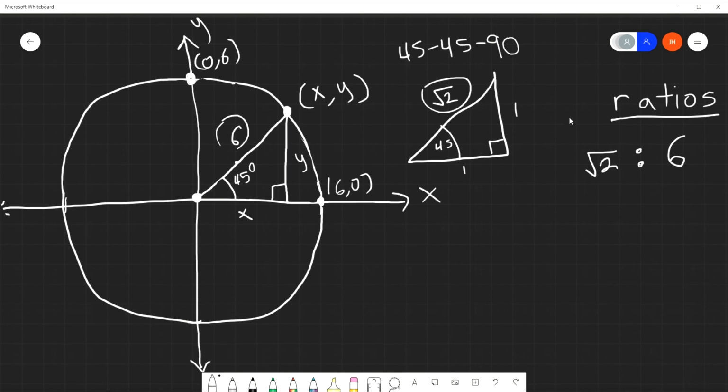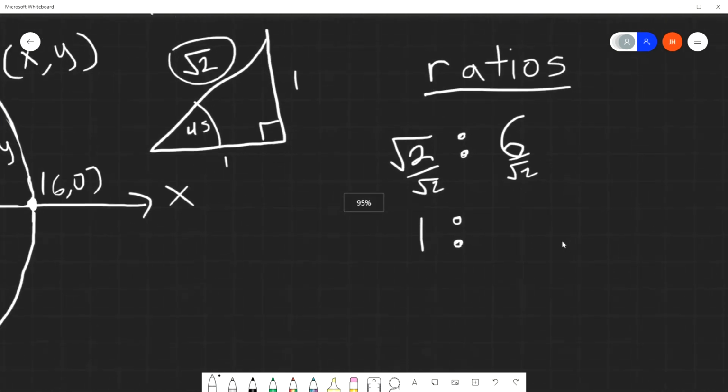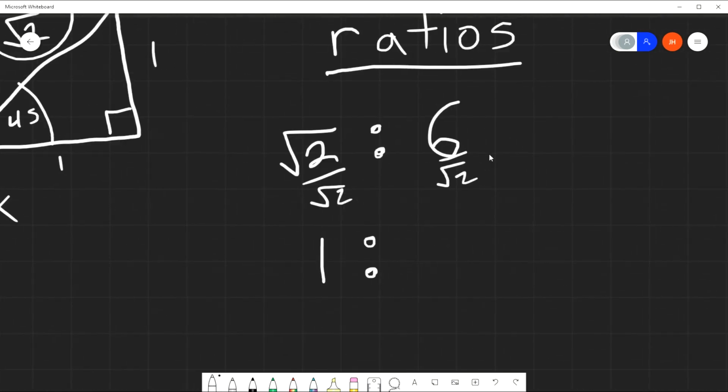So in order to turn that into a ratio in terms of 1 to something, all I got to do is divide by square root of 2. You see that? Now, this value here, 6 over root 2, most math classes and most math people will actually rationalize the denominator.